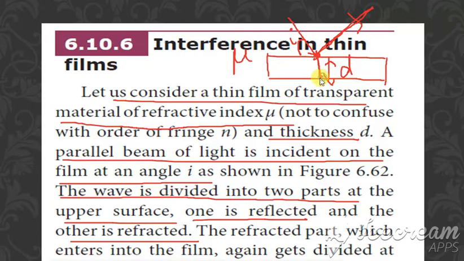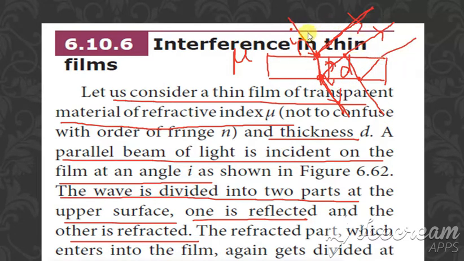Again, in the same way, at this point the wave gets refracted and transmitted out. So the transmitted wave comes out. In the same way here also, one part will be transmitted and the other reflected, and it goes on like this.